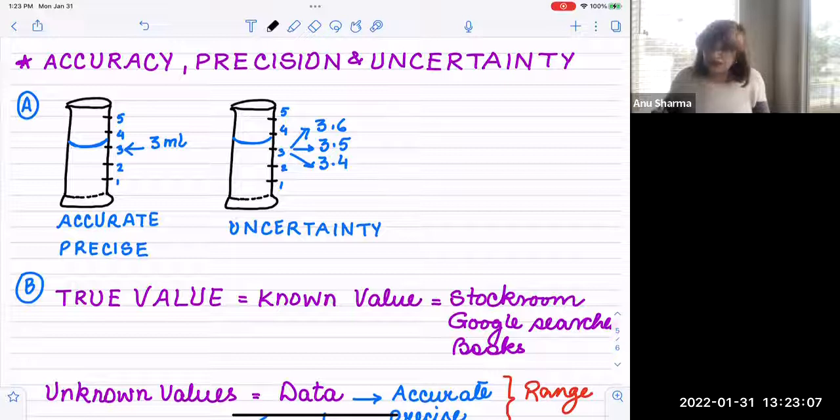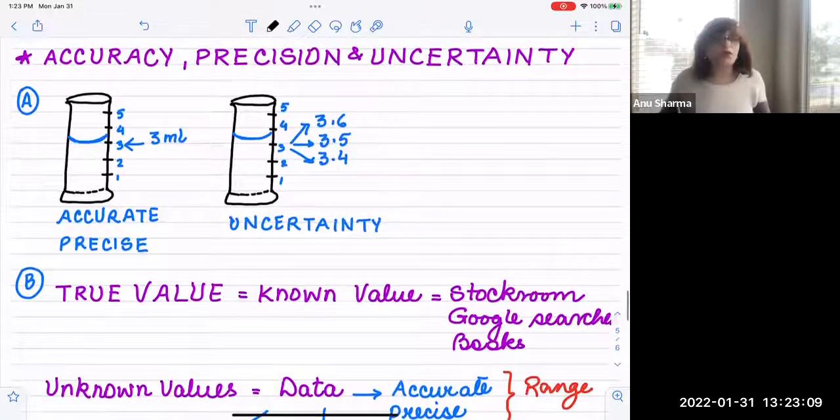Accuracy: generally in the labs, we have a true value. A true value is a known value. This is the value that is known to the stock room, of a solution, of the unknown compounds or whatever. That's known to the professors and the managers in the stock room. This true value can also be information that is already known to the public.